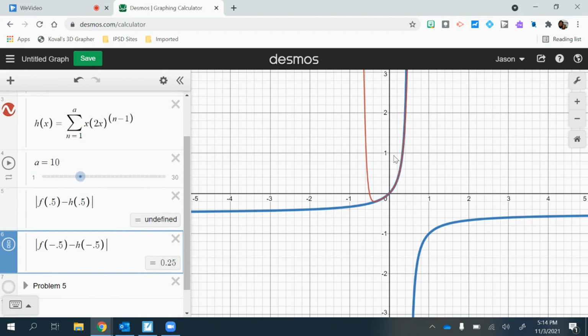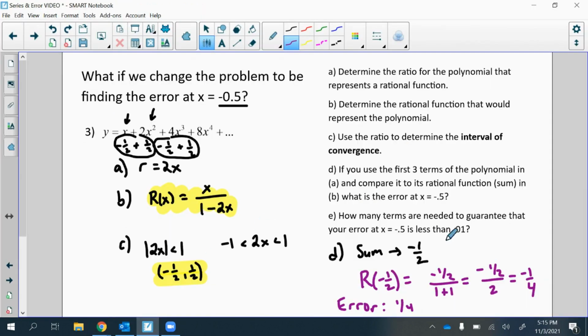It's always 0.25. And that's because, let's say my rational function is negative 1/4. Well, my sum was either negative 1/2 if I stopped after an odd number of terms, or if I stopped after 4 terms or 6 terms or 8 terms or something, it was 0. We already talked about that.